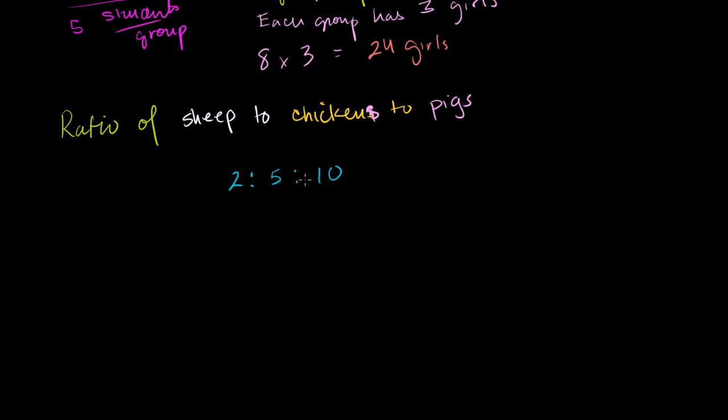And notice, I can't reduce this anymore. There's no number that divides into all of these. So this is the ratio of sheep to chickens to pigs.